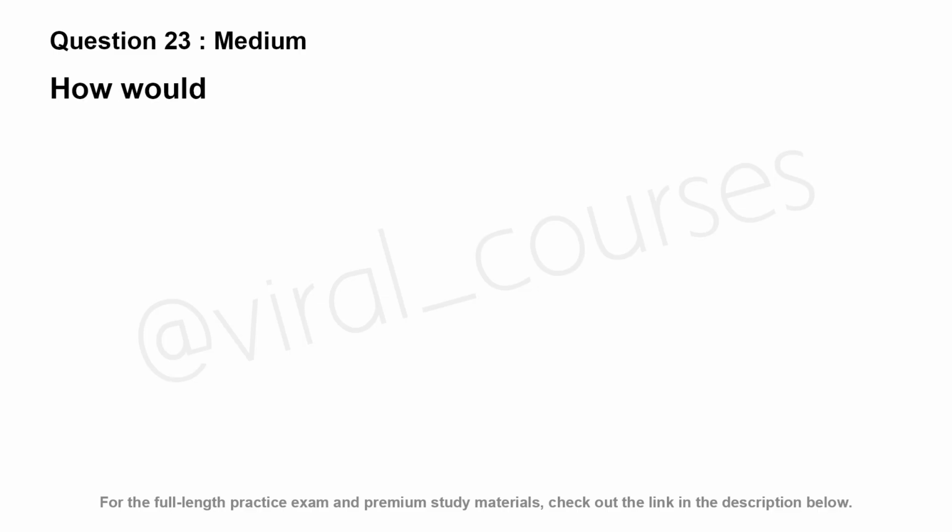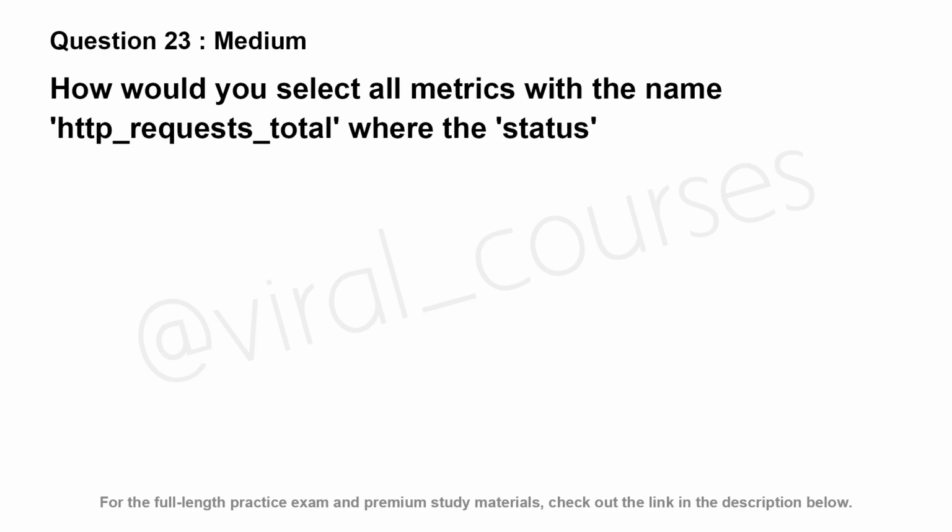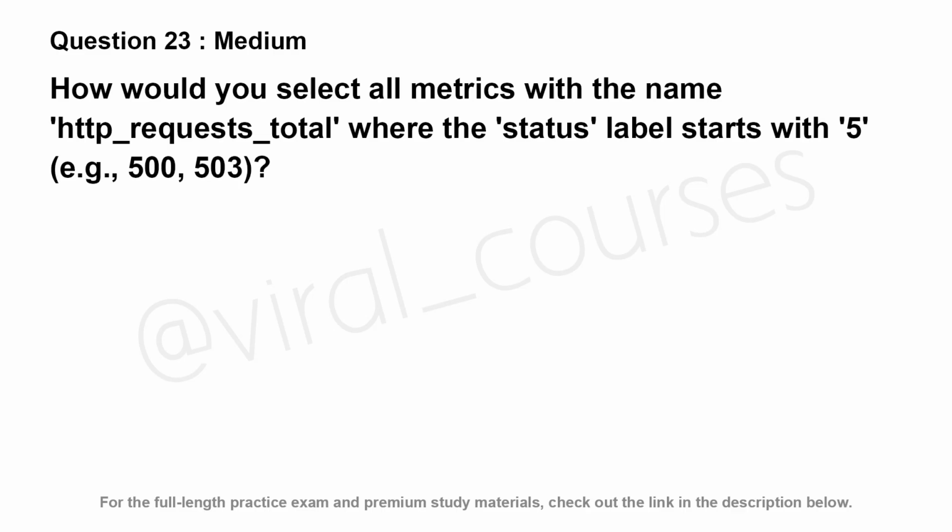How would you select all metrics with the name http_requests_total, where the status label starts with 5, e.g., 500, 503? Option A, http_requests_total{status="5*"}.